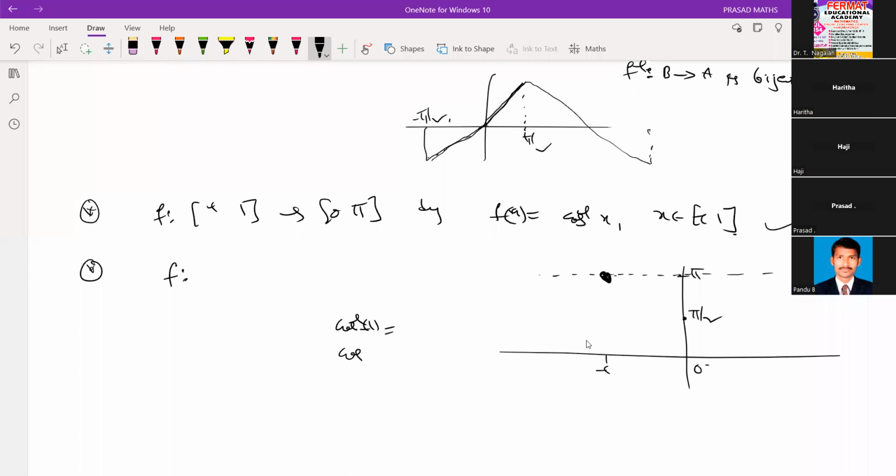Next, cos inverse 1 is 0. Next, cos inverse 0 is 90 degrees, pi/2. So it is looking like this, but the exact graph will not be like this, but it comes like this.